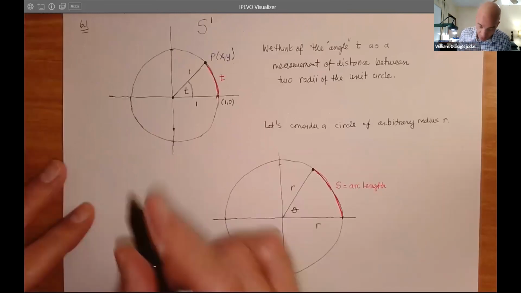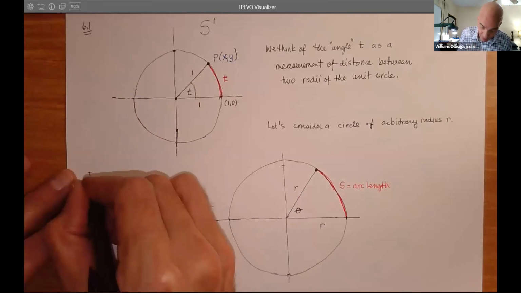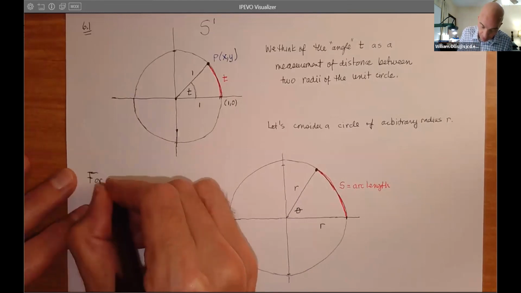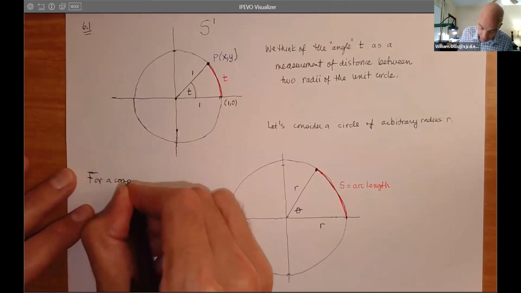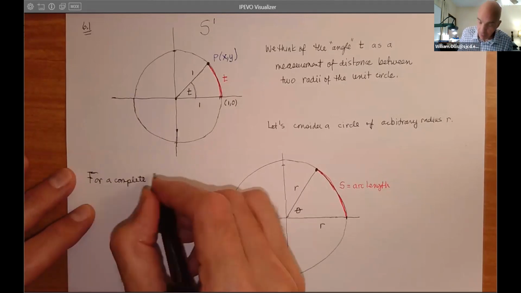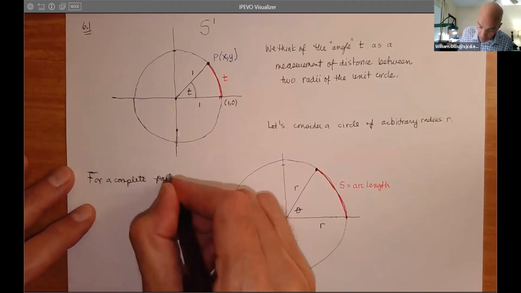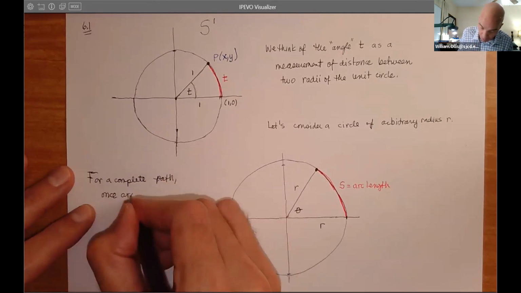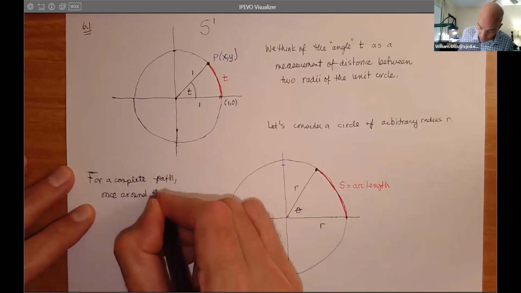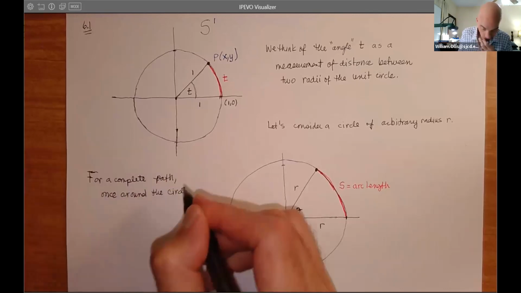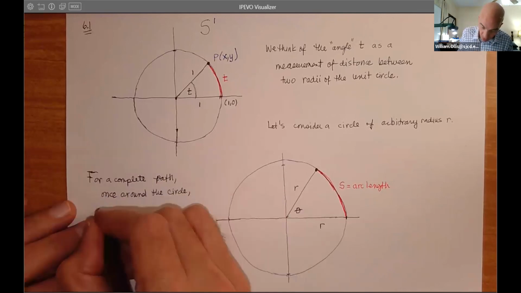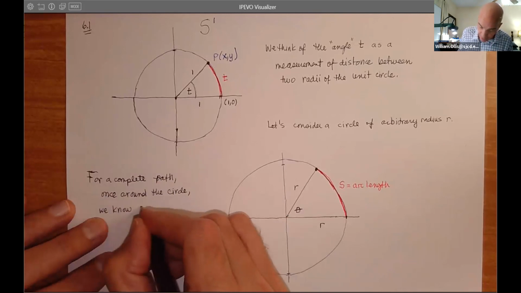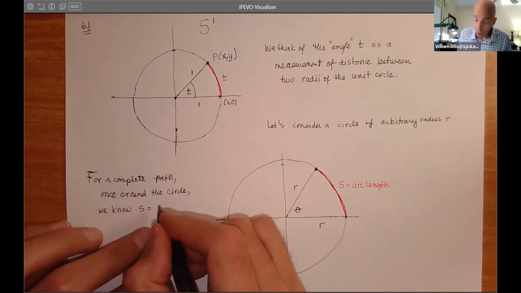So we'll think in general, for a complete path, that is once around the circle, we know S equals 2 pi r.